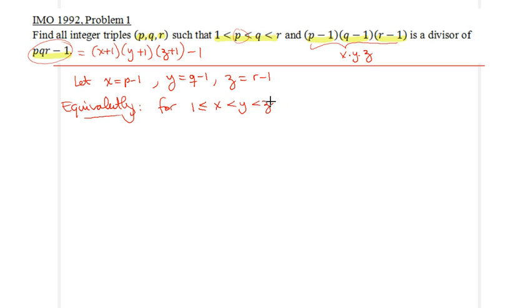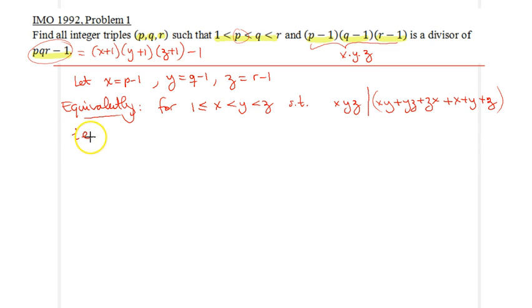So z is the largest among those. For these values, we would like to find those x, y, z such that xyz perfectly divides xy plus yz plus zx, so I'm just expanding this form here, plus x plus y plus z, and the plus 1 and minus 1 will cancel out, and that's the whole term here.